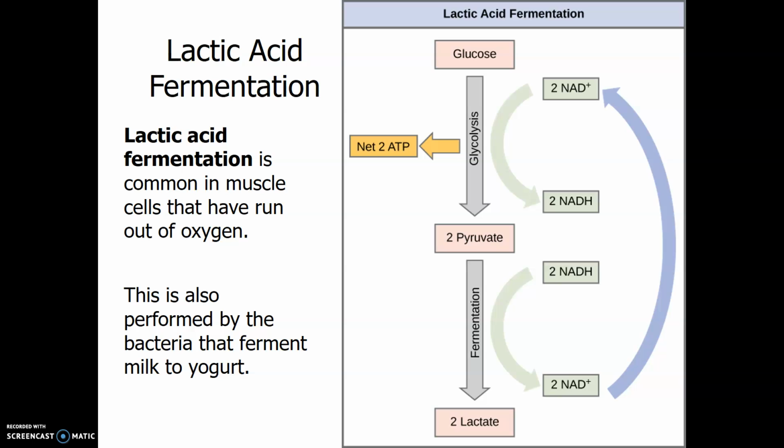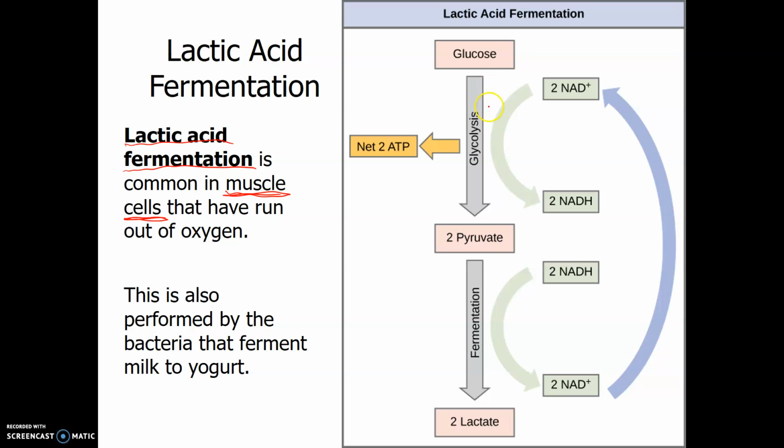One type of fermentation, which occurs in our muscle tissue after we've exercised really hard, is called lactic acid fermentation. Once we get to the point that we're exercising so hard that we're not taking in as much oxygen as we need, then our muscle cells start to produce ATP by lactic acid fermentation.